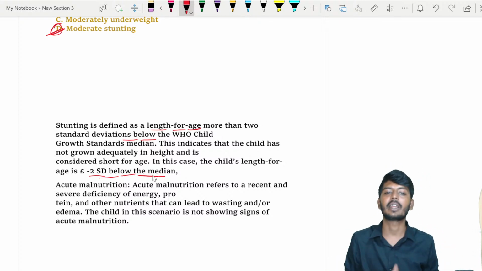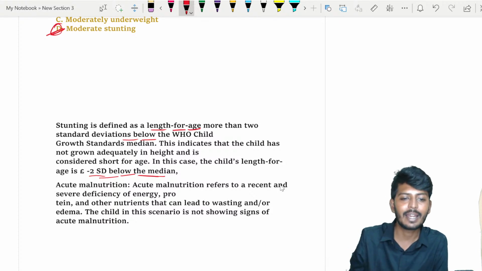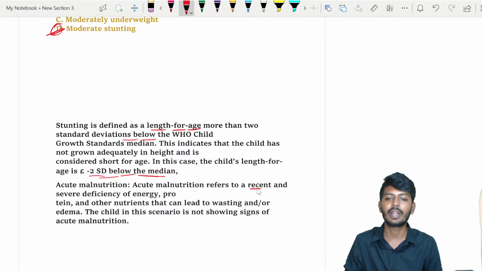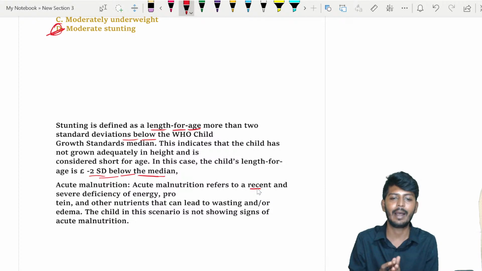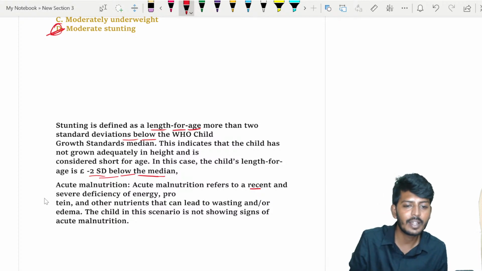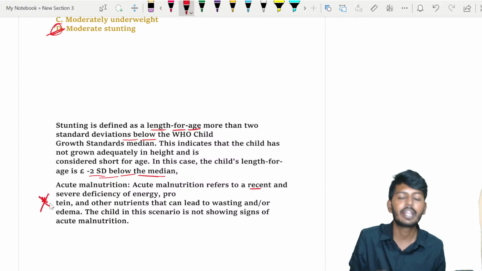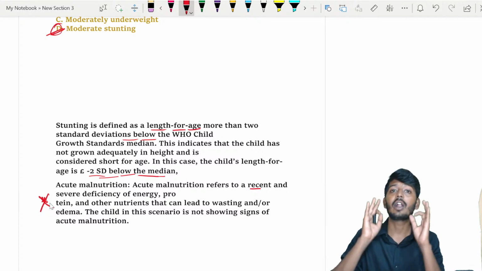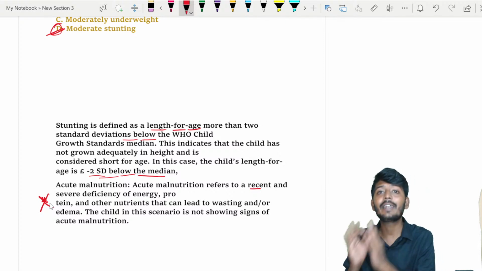But when we are speaking of acute malnutrition, it refers to a recent severe deficiency of energy, proteins, and other nutrients that can lead to wasting and edema. In this, there is no sense of age. Acute malnutrition means we are looking at weight and height, not age and height.